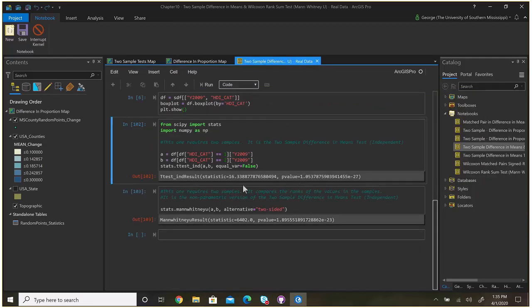And so our conclusion is that there is a significant difference between the percentage of females in the labor force in countries that have a high development index versus a low development index.